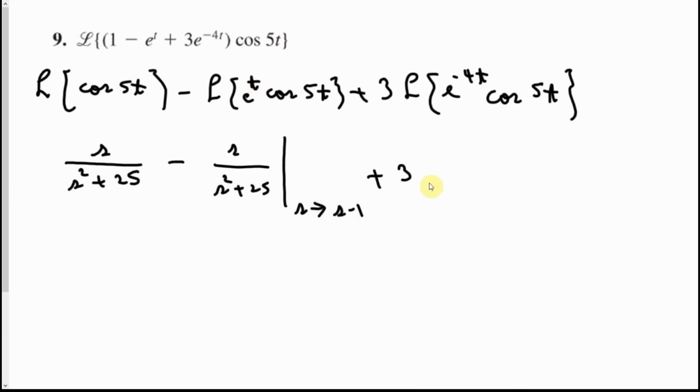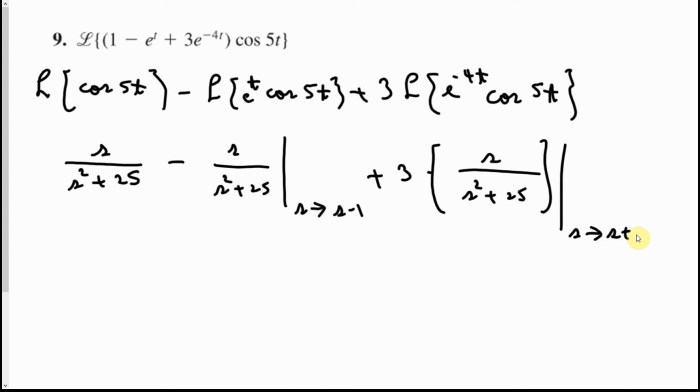This is plus 3 times s over s squared plus 25, but s goes from s to s plus 4. So the first one stays the same, s over s squared plus 25.